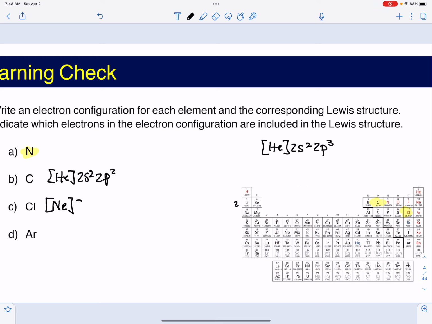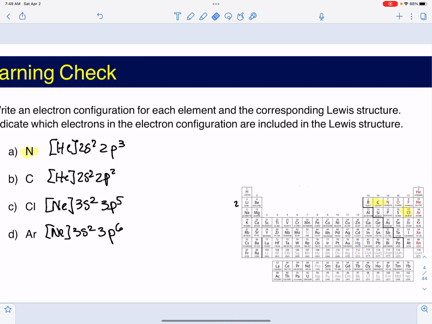Neon, 3s2, 3p5, and argon is going to be neon, the closest noble gas going back, 3s2, 3p6. So those are the electron configurations for all of that.